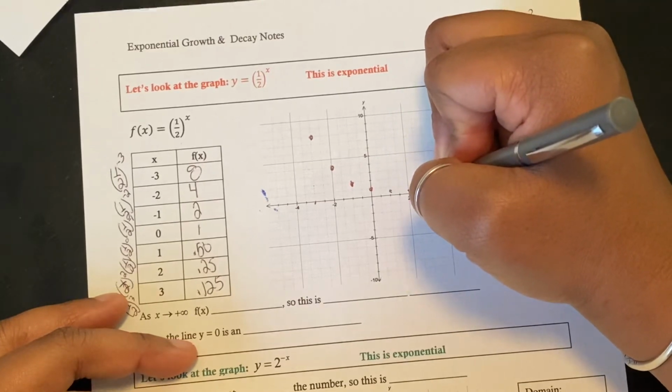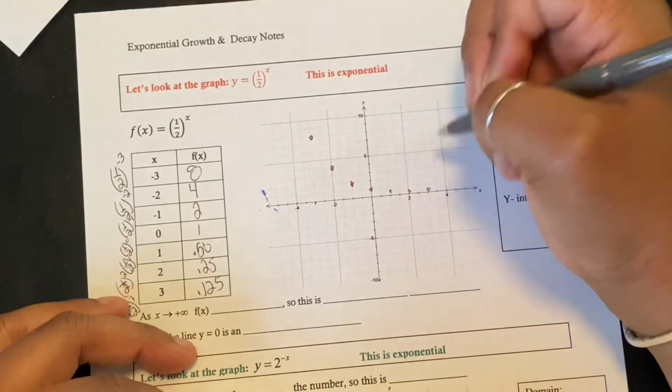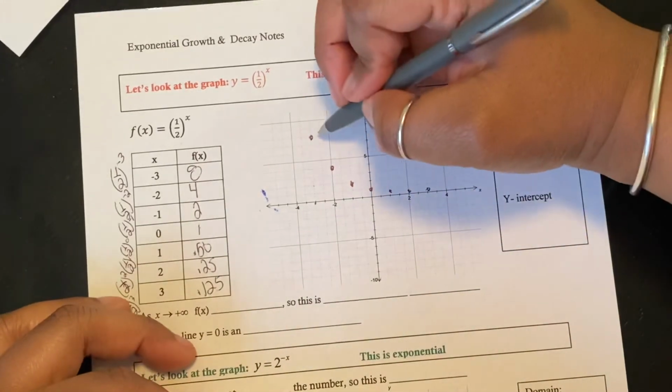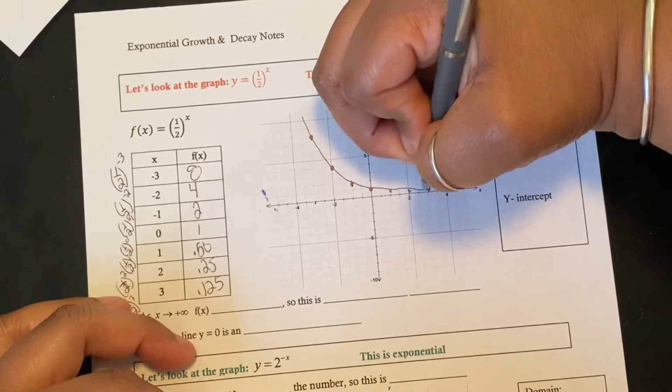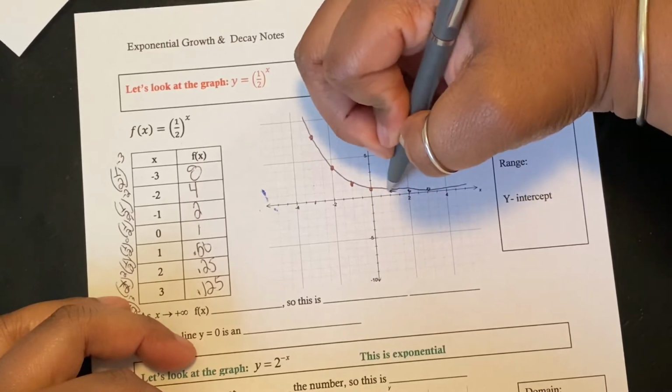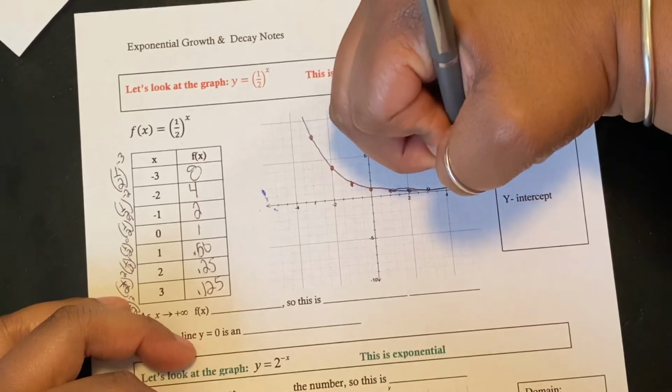So that's really close to 0. And then I'm going to connect my points again. And again, I'm not perfect. I don't expect you to be perfect either.